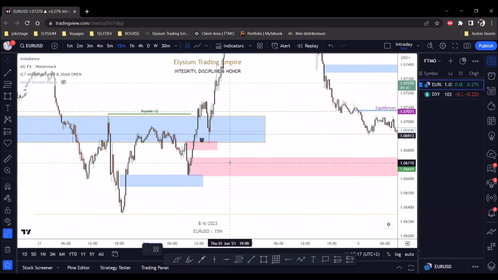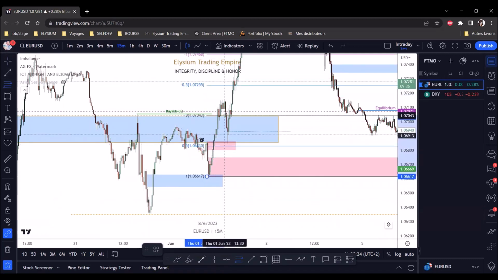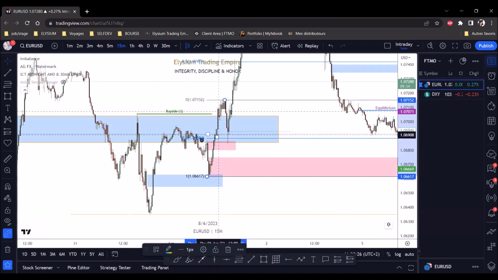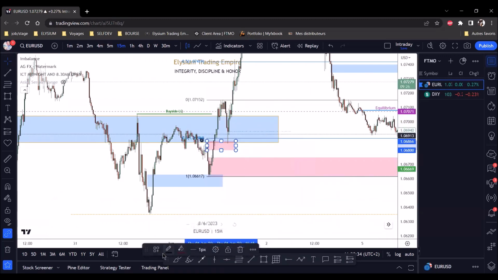But you see, you have a break of structure on Thursday, New York session, New York morning session. You are below 0.5, breaker plus fair value gap. And what is breaker plus fair value gap?